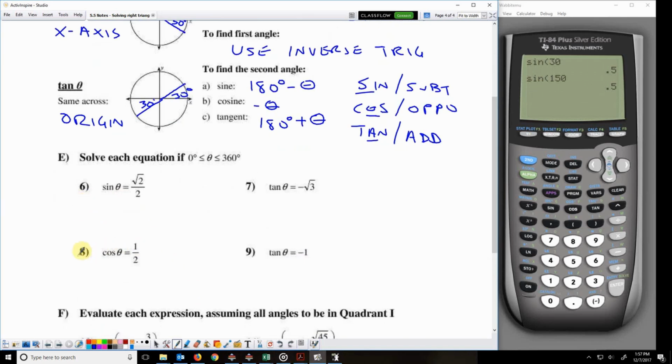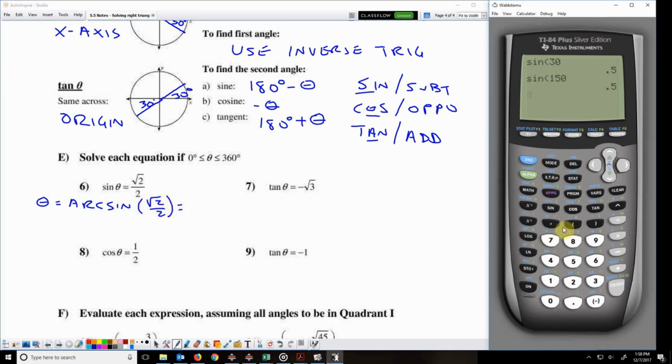So for 6 through 9 here, I want to solve for theta. And theta has to end up being between 0 and 360. And we're going to be able to get two solutions. So to get the first solution for theta, theta equals the inverse sine, or arcsine, of root 2 over 2.